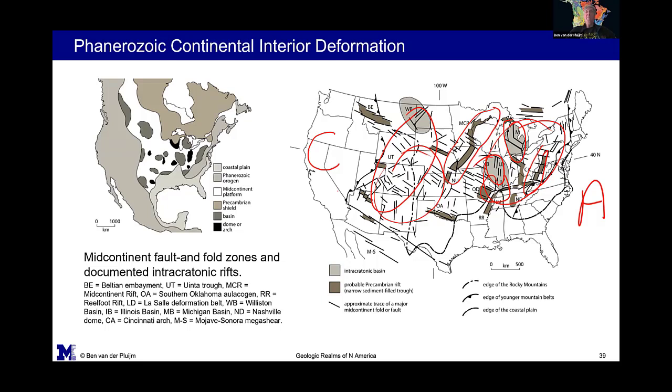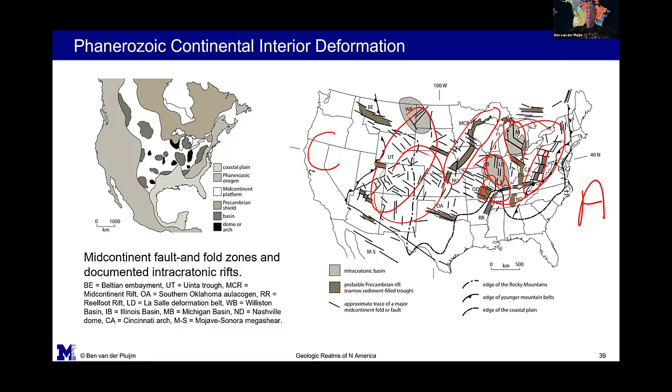So what we're seeing, and we call that stress transmission, is that plate boundaries are obviously where the action is. But the stresses of these plate boundaries are able to go inside these cratonic blocks and still create all kinds of features, and sometimes dramatic features, that are still a reflection of plate tectonics.